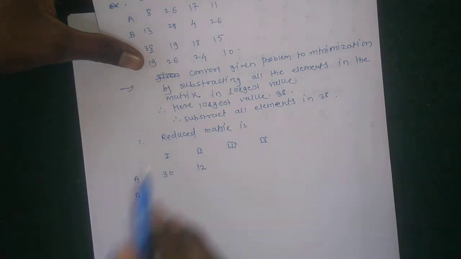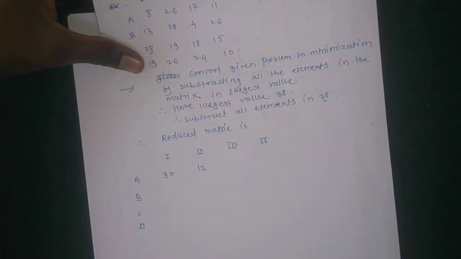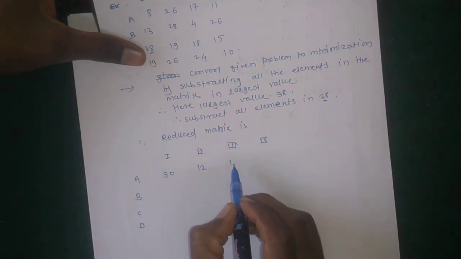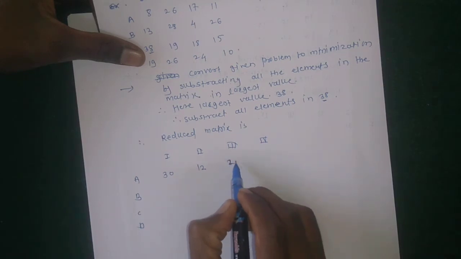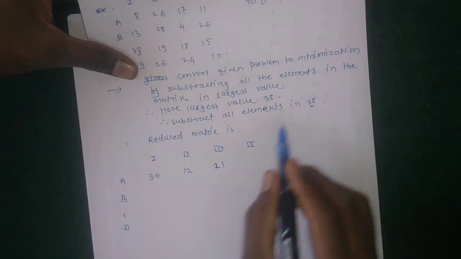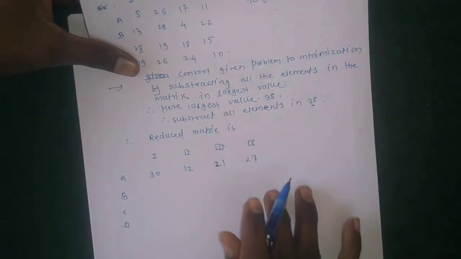Then 38 minus 17, remaining 21. Then 38 minus 11, remaining 27.